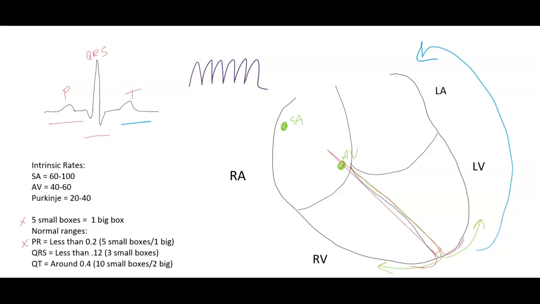However, the main issue here seems to be these QRS complexes. The QRS complexes are wide. They don't look normal. So in this case, we recognize that if the QRS is the issue, bam, it is likely an issue happening in our ventricles.